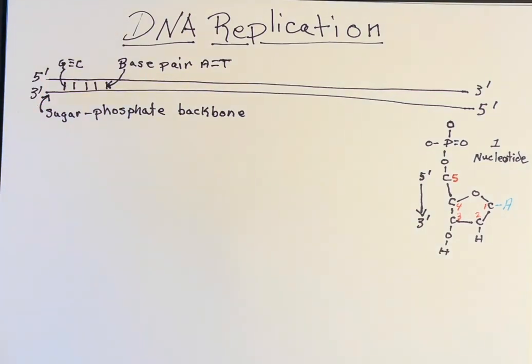And if I were to put in these little rungs, like if it were a ladder turned sideways, those lines would represent a base pair, such as adenine and thymine, guanine and cytosine. So if you want to draw that on your paper, and I think you should, go ahead, identify that the 5' to 3' line and the 3' to 5' line represent the sugar phosphate backbone.